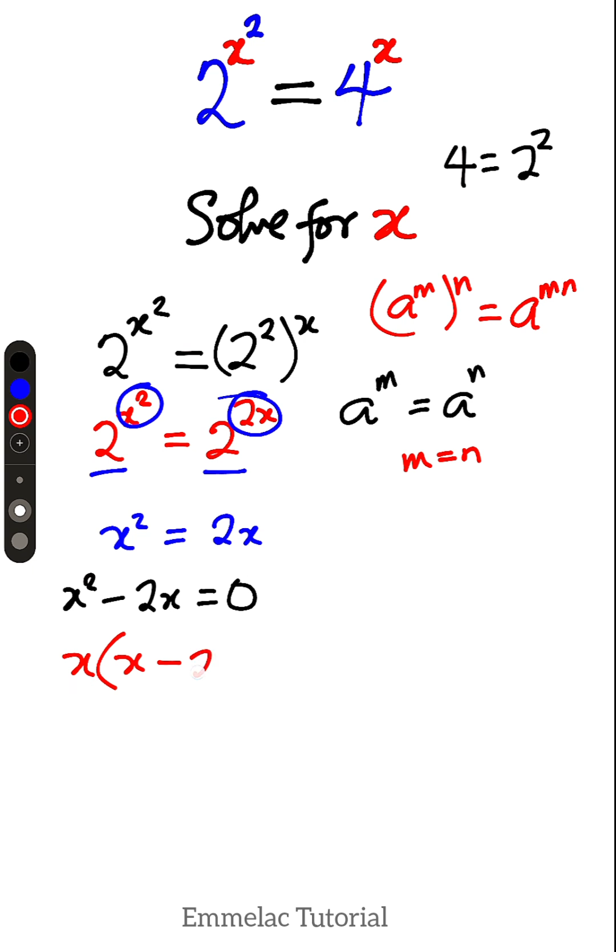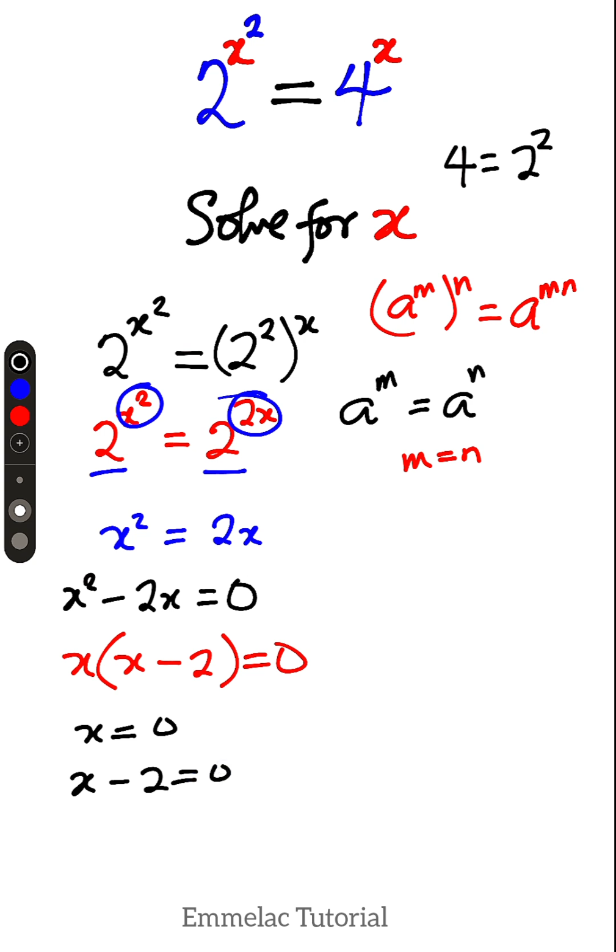So we are left with x times x minus 2 equals 0. Now since we have two terms which multiply each other to give us 0, it's either both of them are 0 or one of them is 0. So all we need to do is to equate x to 0 and x minus 2 to 0.